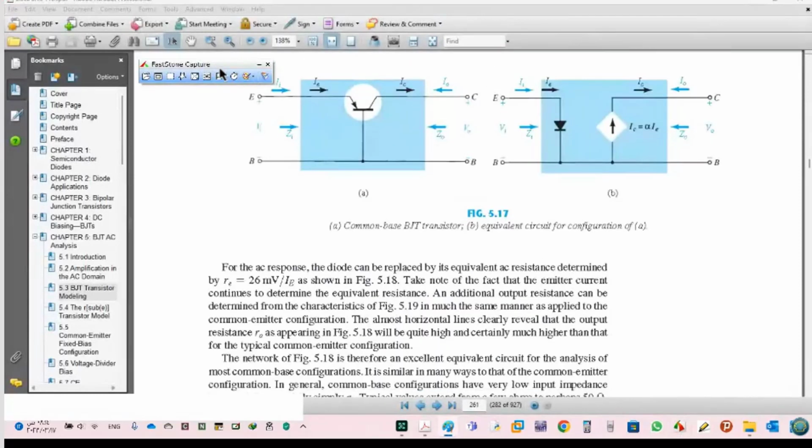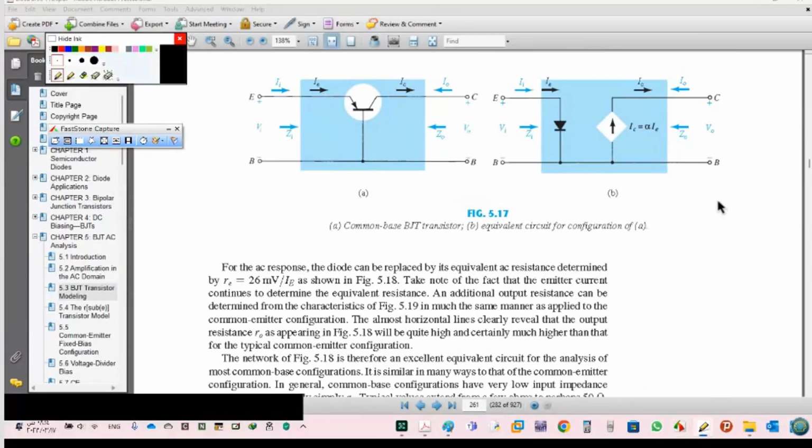This is, by the way, the common base basically. And I will change here this. Where's the pin? This pin. Yes, I will change. Just a minute.